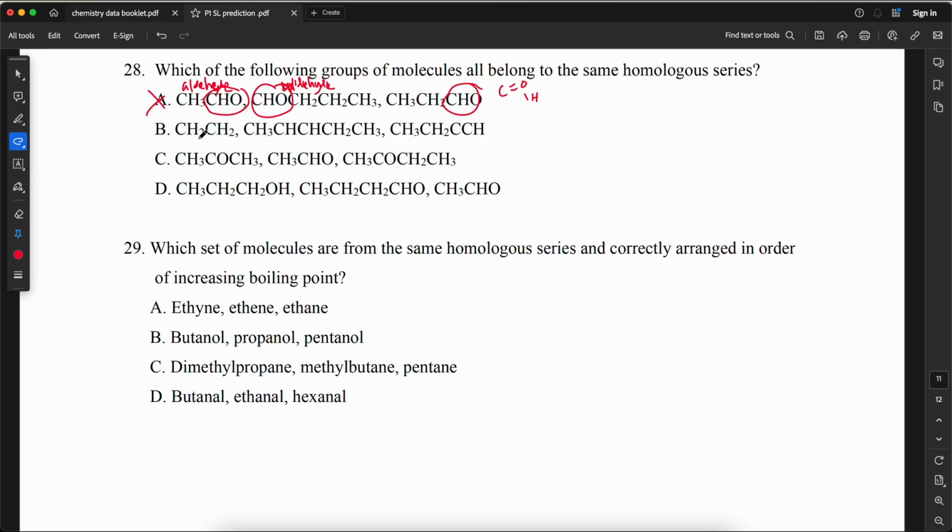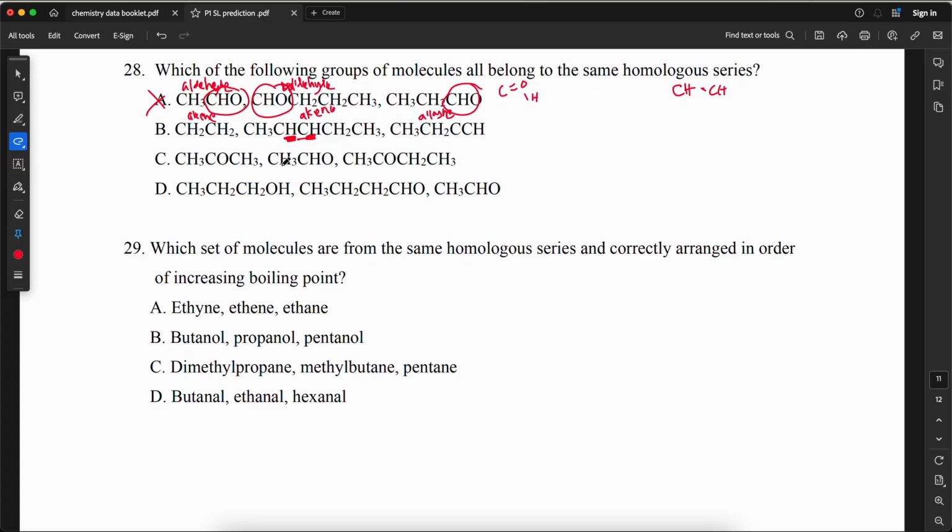But let's check B. This one will be alkene. This one, alkene as well, because you see CH here and CH here. And this one, CCH, alkyne.